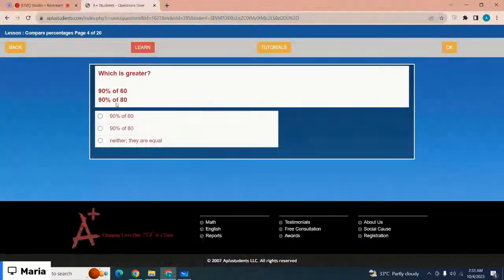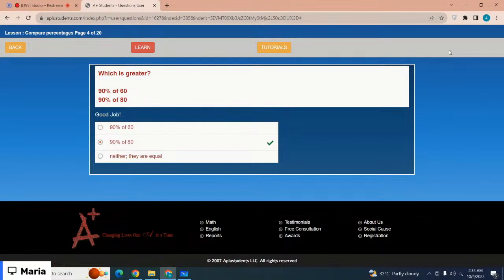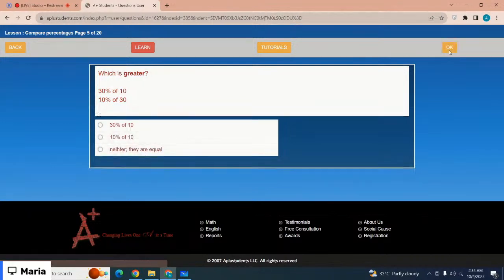So 90% of 80 is greater than 90% of 60, because 90% of 80 is 72 and 90% of 60 is 54.